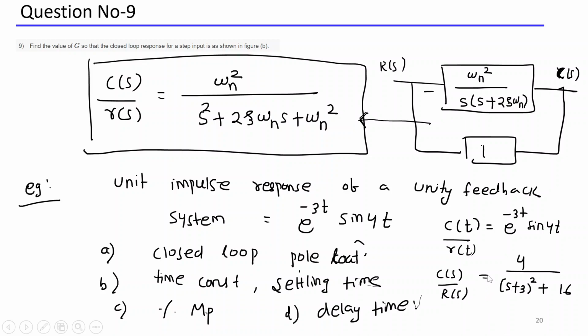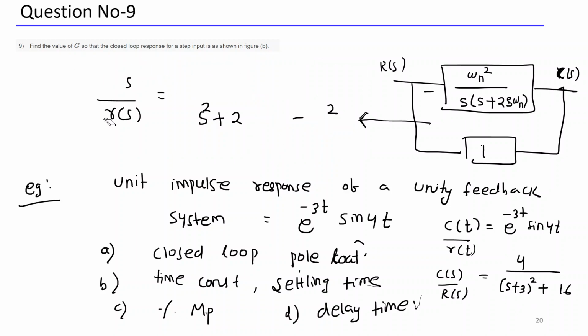You got my point, sir? This is how you find this transfer function. Now tell me the first question: what is the pole location?